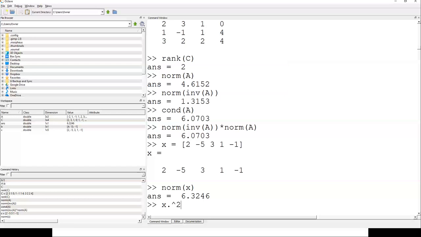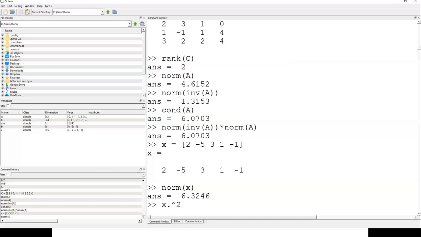It means 2 squared, 5 squared, -5 squared, 3 squared. If I didn't put the dot, it means a matrix operation, like a dot product. Of course, if I said x squared, you'd tell me I can't do it because the number of columns must equal the number of rows. I can do x times the transpose of x.